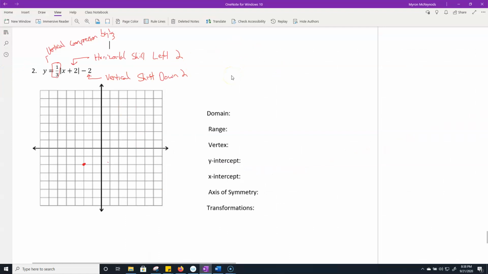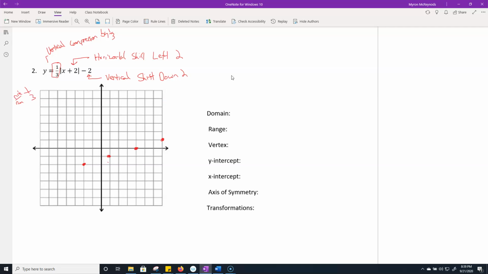And the way to graph it without using Desmos or anything is you go up 1 over 3, up 1 over 3, up 1 over 3, like that. Treat it like a rise over run. You're going up 1 and then over 3.